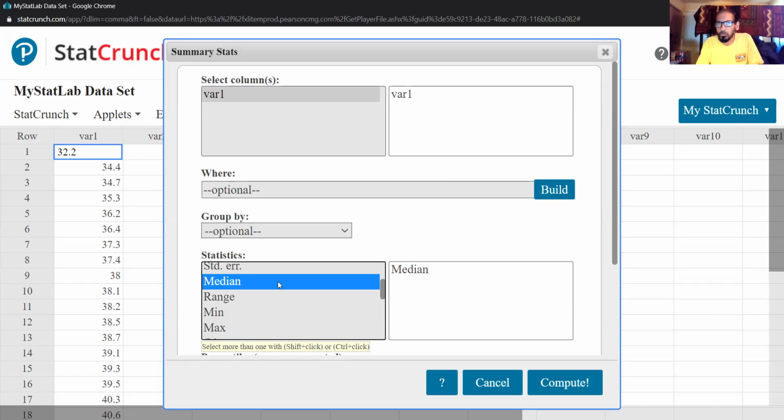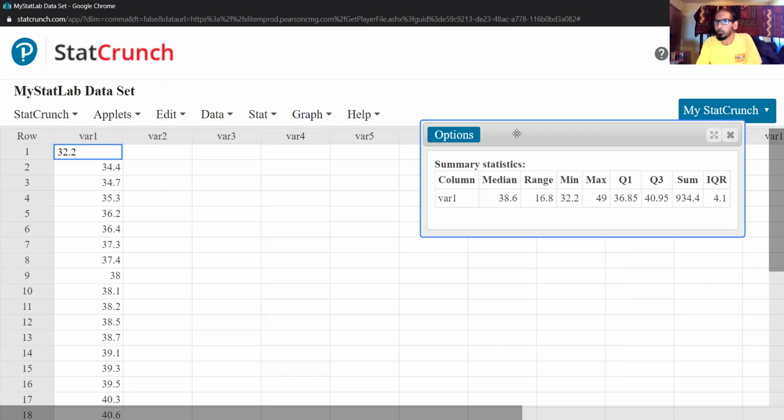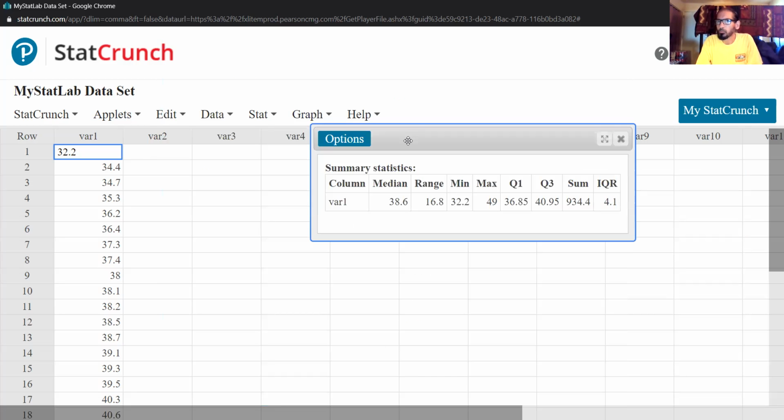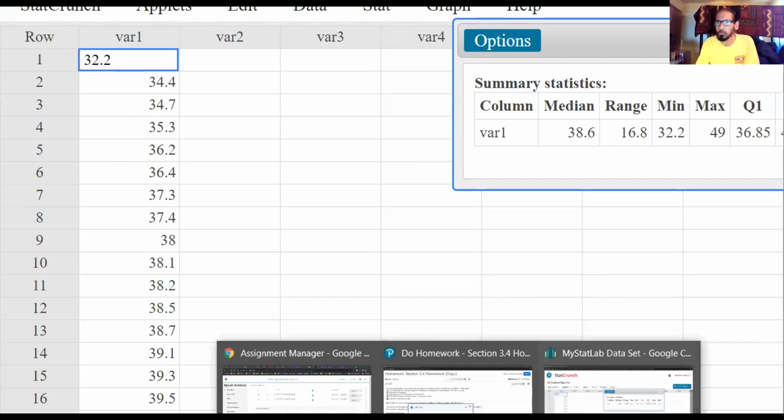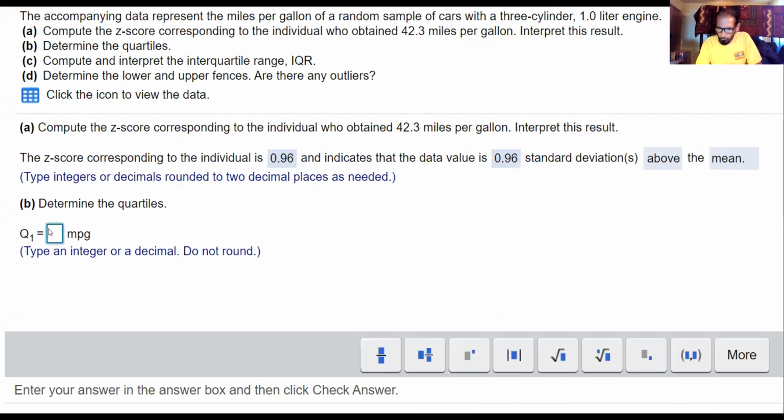They're going to ask for quartile 2, which is the same as the median. All right, so we've got quartile 1 at 36.85. Let's get that put in, 36.85.